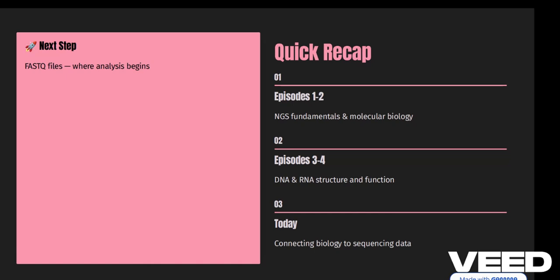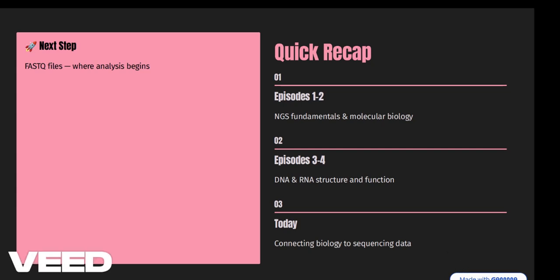In episodes 3 and 4, we discussed DNA and RNA. We learned about their structure, function, differences, and their importance in sequencing. So now we have the basic foundation. In today's lecture, we are going to connect these concepts with gene, chromosome, genome, sequencing, and NGS. And after this lecture, we will be very close to starting our actual NGS data analysis journey.